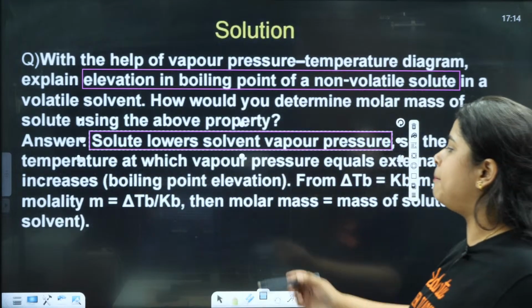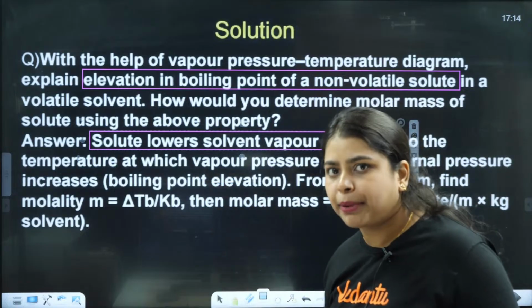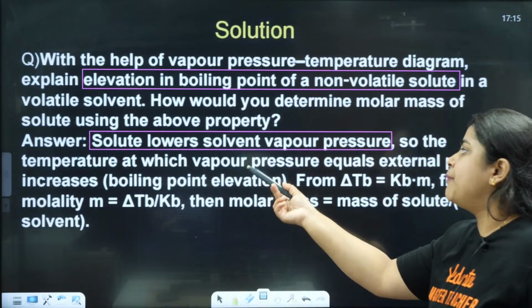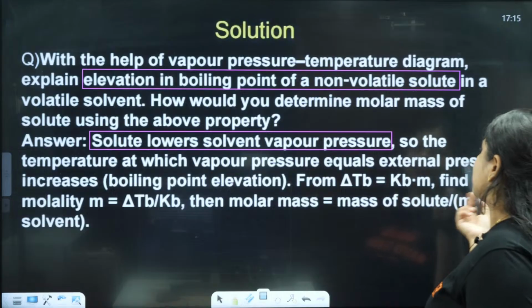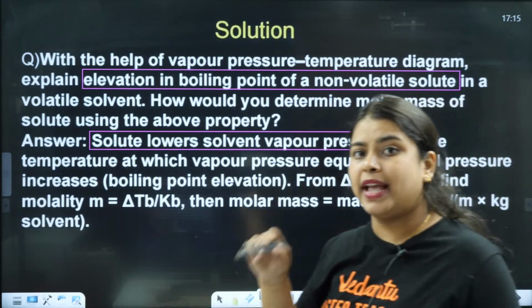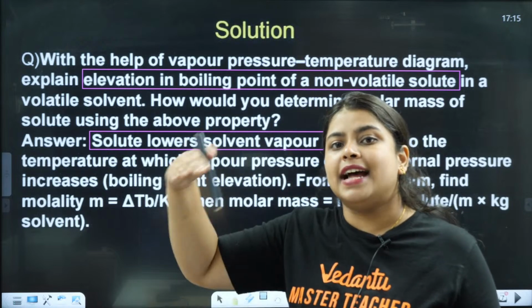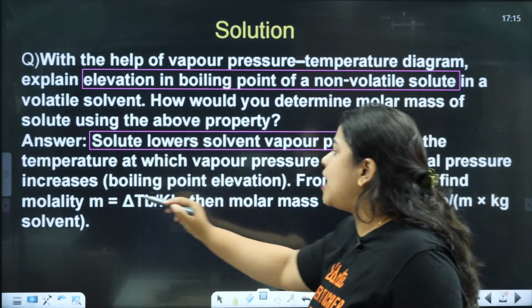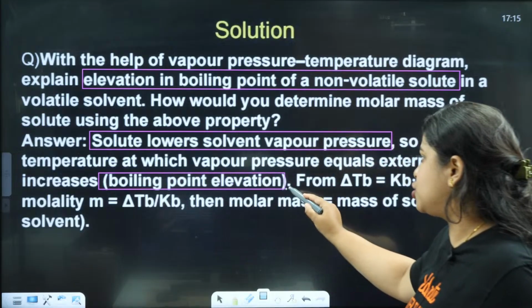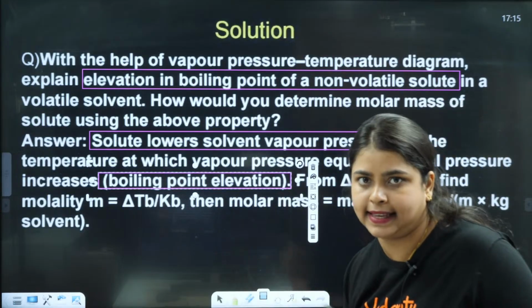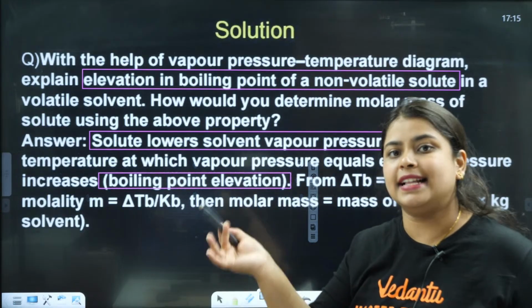So the temperature at which vapor pressure equals the external pressure also starts increasing. Then the boiling point elevation will also be increasing.